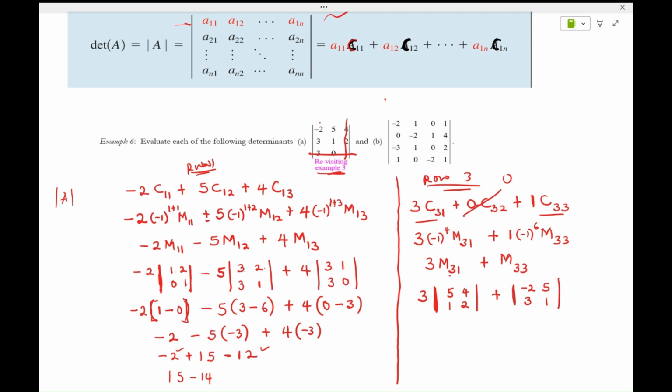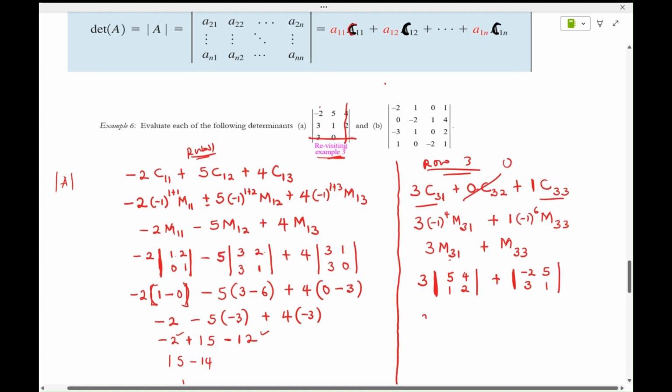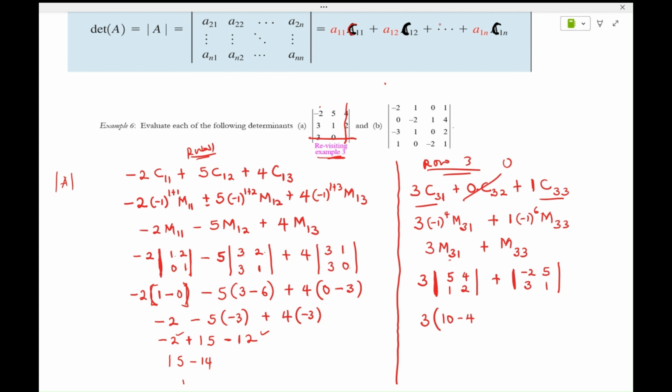So now this will become 3 into the determinant. Don't take this 3 inside, as I said earlier. This is not a matrix. So 5 times 2 will be 10 minus minus 1 times 4, which is 4. Then plus, here will be minus 2 minus minus 15.